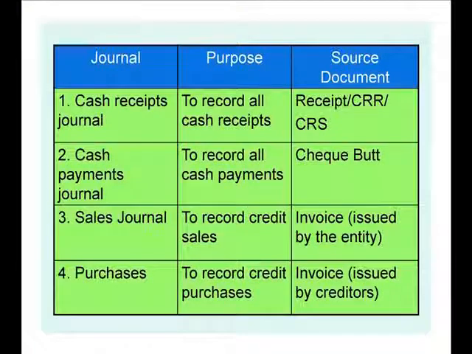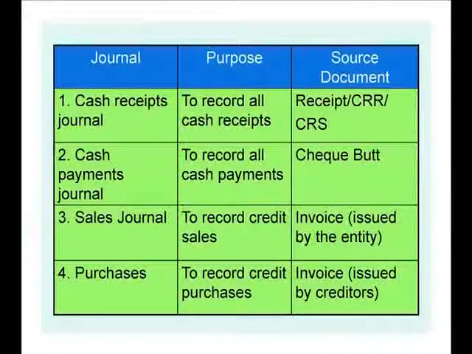And then we learn two types of sales. One is cash sales and the other one is credit sales. If it is credit sales, the relevant journal is the sales journal.